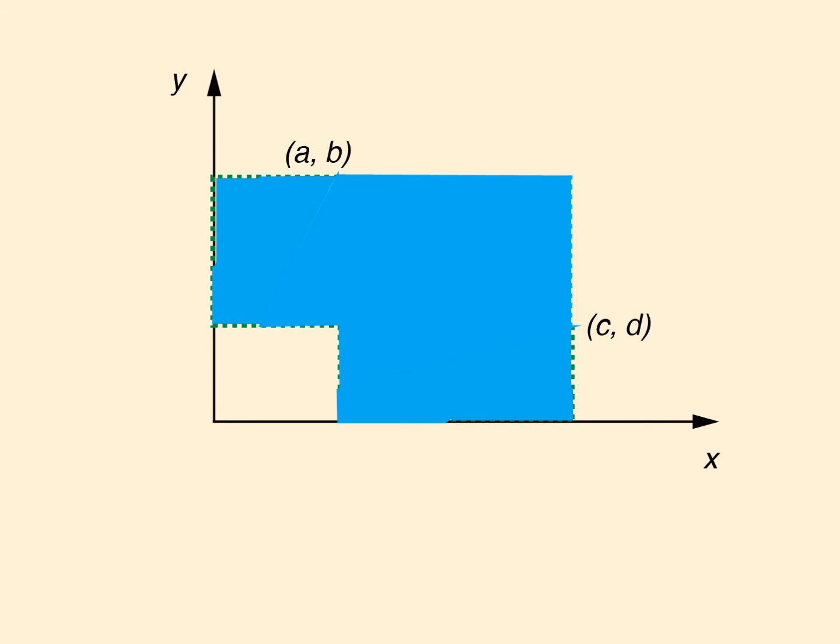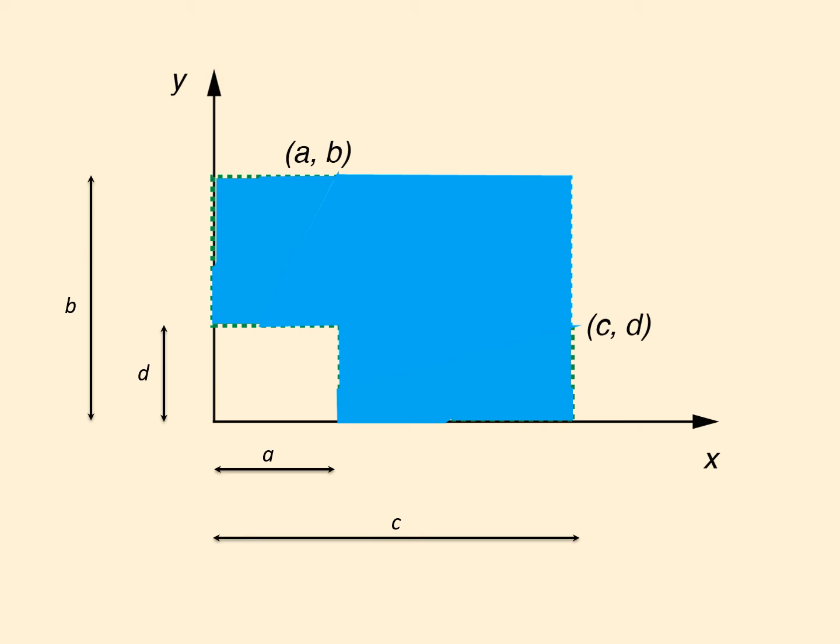So the parallelogram has now been transformed into this shape, which can be seen to be the difference of two rectangles, a large rectangle minus the small one. And if we have a look at the lengths of these shapes, the large rectangle has area b times c, and the small rectangle has area a times d. And so the area is BC minus AD.